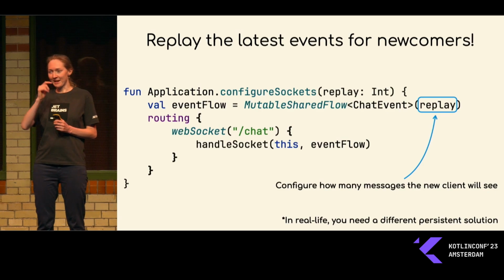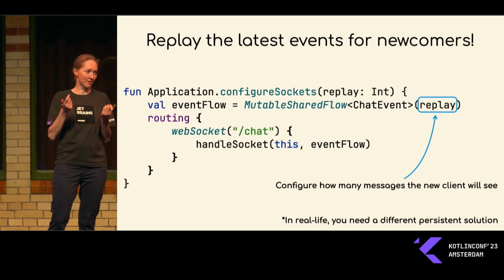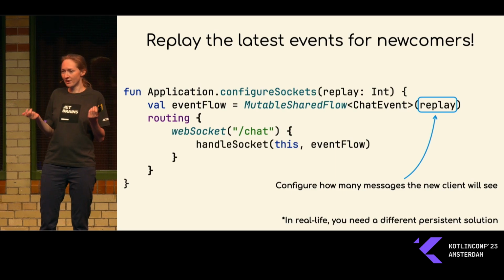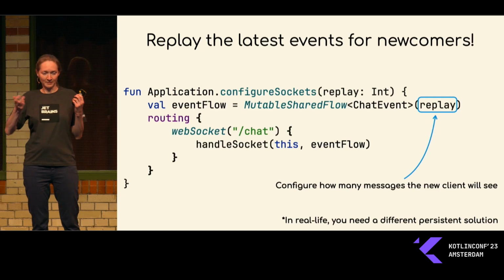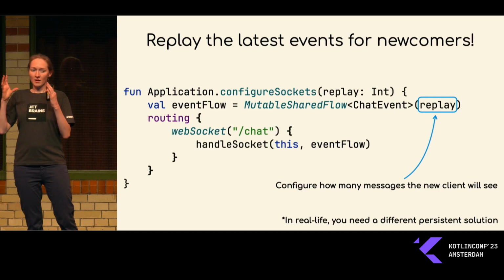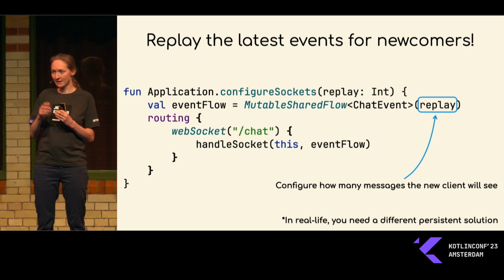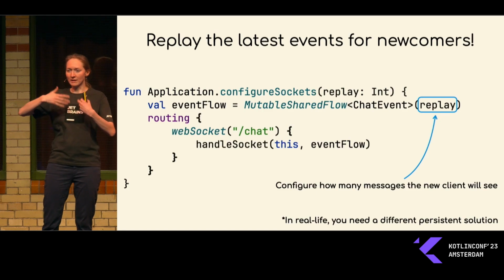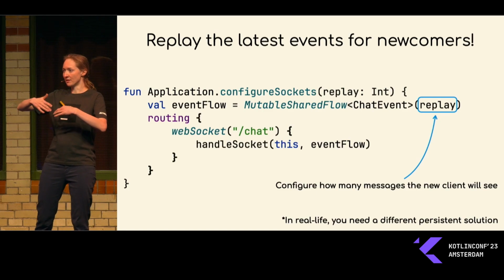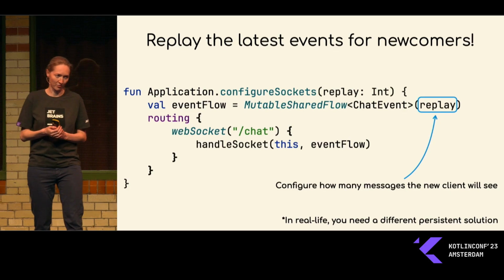We also can configure the replay parameter, which improves our chat app, because if we configure this replay, our mutable shared flow is able to store this specific number of events, and then when a new client joins, they don't see an empty page, but they see this replay number of events.